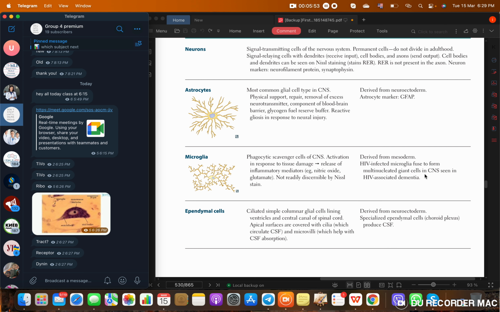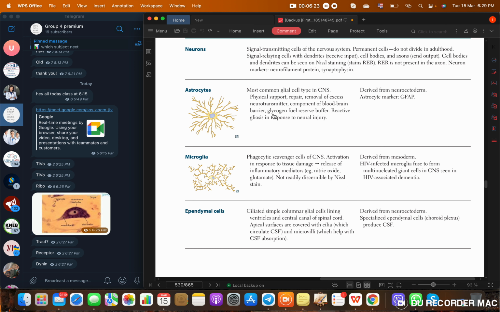Regeneration means when a type of cell dies, you make the exact same cell. Repair, however, is when one cell dies and instead you get fibrosis, or in the case of the brain, you get something called gliosis. Also, removal of excess neurotransmitter, and a component of the blood-brain barrier, which will be explained in depth. Don't worry about it for now.